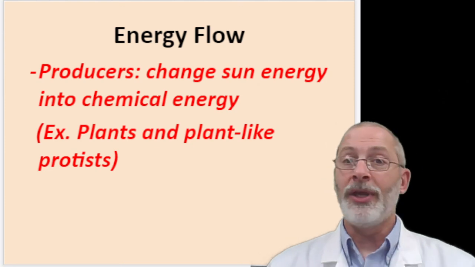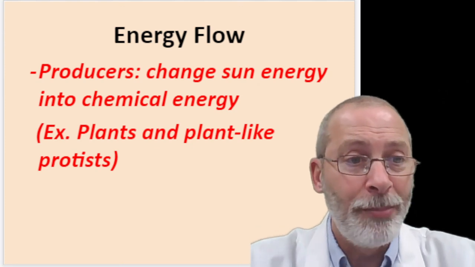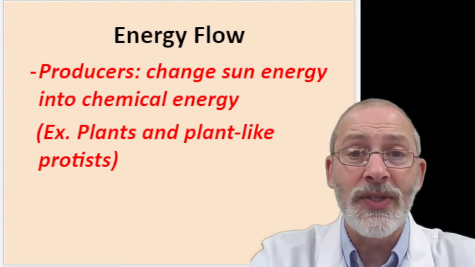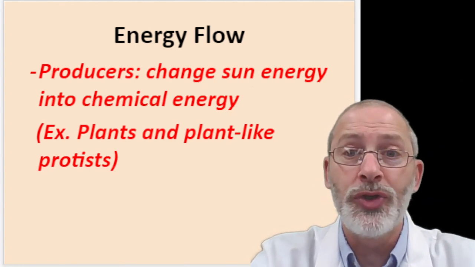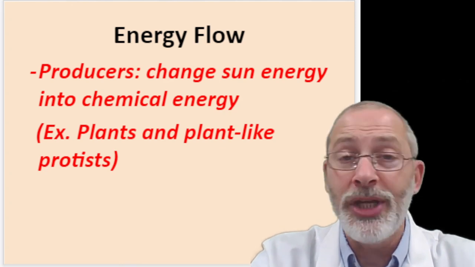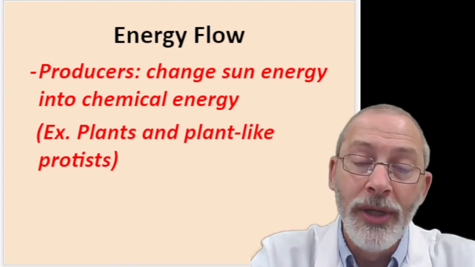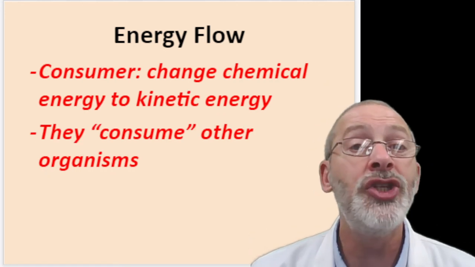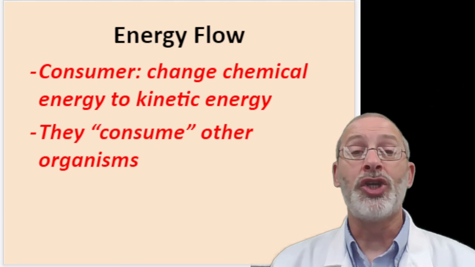It can be more complex than that, but that's basically the idea. So plants, which are types of producers, change that sunlight energy into chemical energy, which we also call food, which we like to eat because we are consumers.